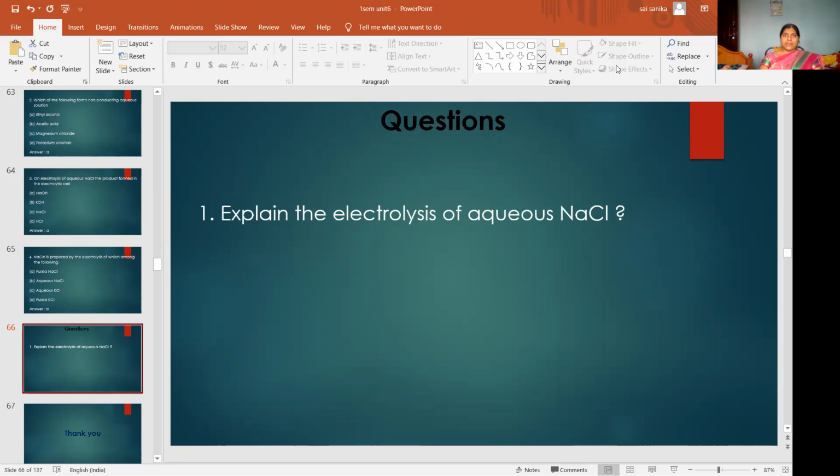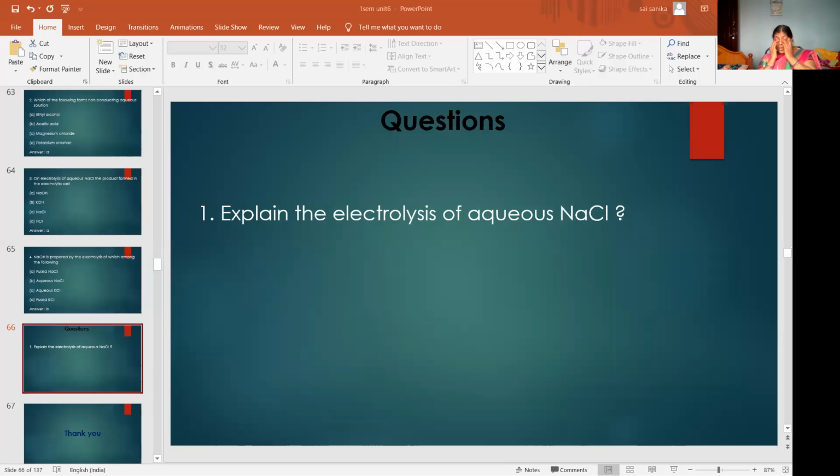But after going to the anode and cathode, only one ion will undergo a chemical reaction. In preference to the sodium ion, H+ will undergo reduction and form hydrogen gas at the cathode. Similarly, the Cl- ion will undergo oxidation and form chlorine gas at the anode.